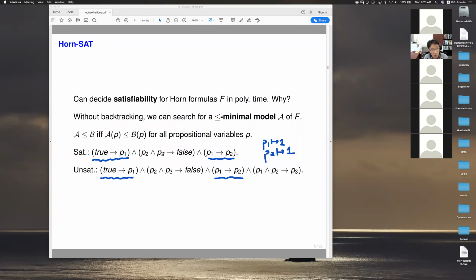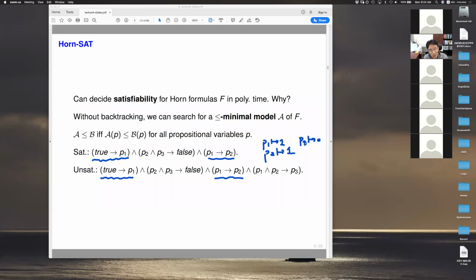But because of the minimality property, which I will show you later, it is okay, and that's how this algorithm actually works. It is okay to set all the other variables to 0. So for instance, if we set P3 to 0, then check whether we can go any further or not.